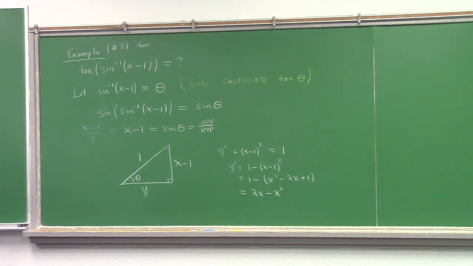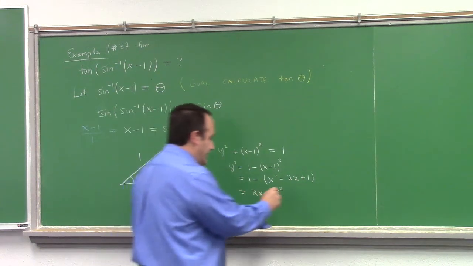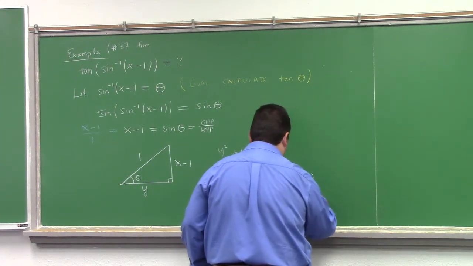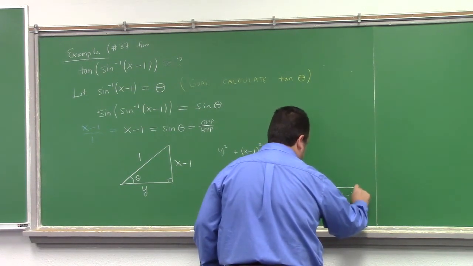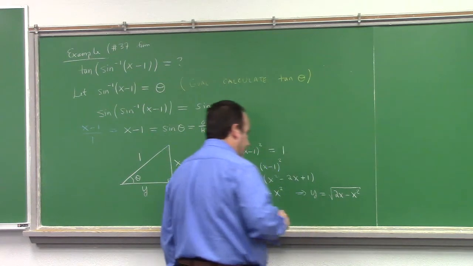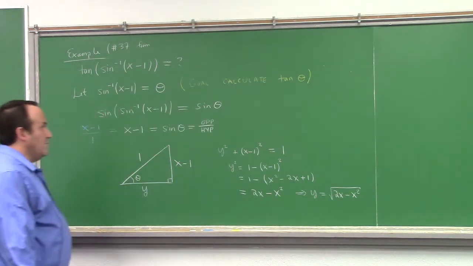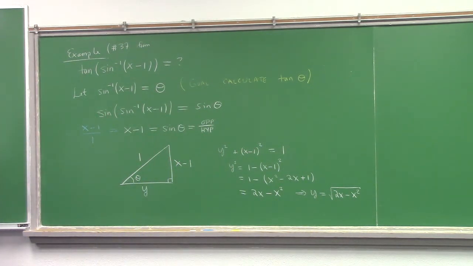So what does that tell us? That tells us that y is the square root of 2x minus x squared. All right? And then let's put it all together. Therefore what?